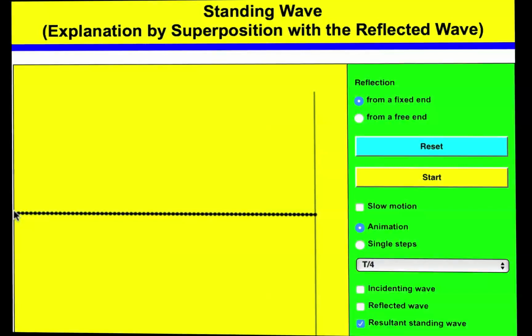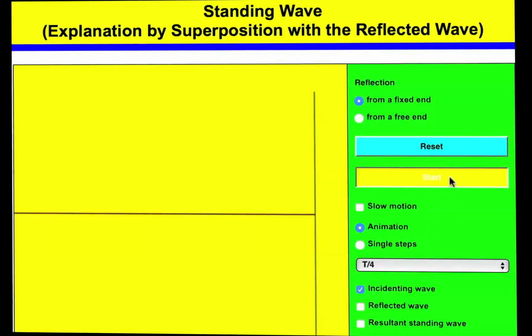Now, what I'm going to do is have this animation throw waves which will travel from this side to this side over here, then be reflected, and then they'll go back here and again be reflected, and we'll see what happens as a result of that. Okay, so in the beginning, I'm just going to show the incident wave. Let's start from here.